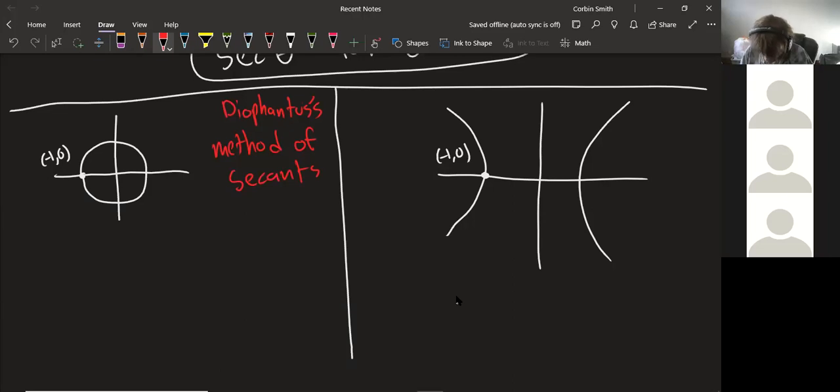Yep, it's Diophantus. And actually, there's not a double S there. So, this book is called Elliptic Functions and Elliptic Integrals by, here, I'll write it down.